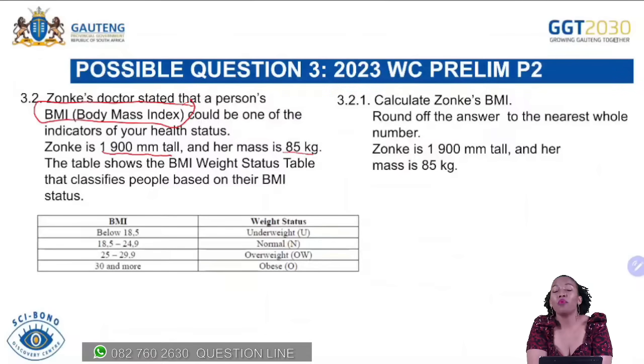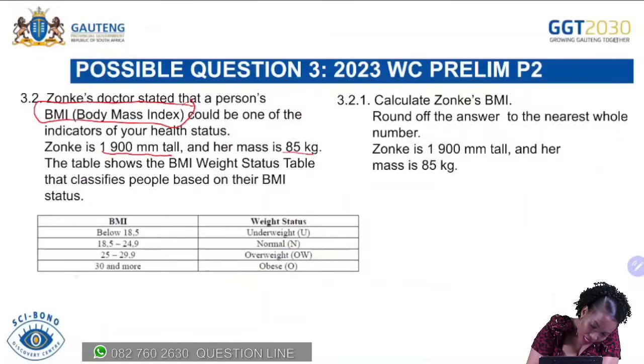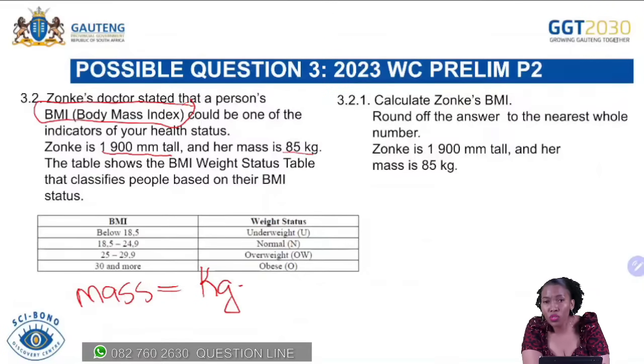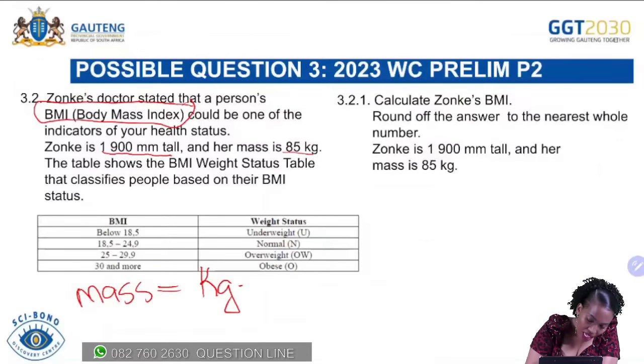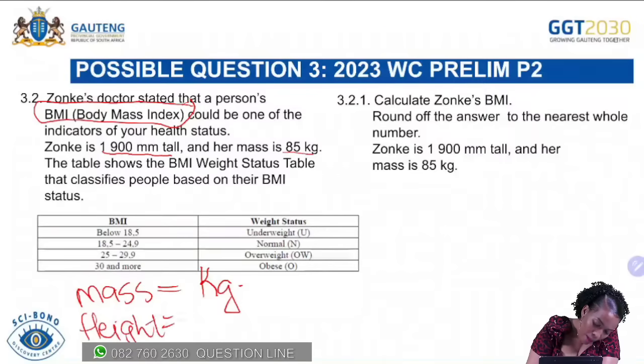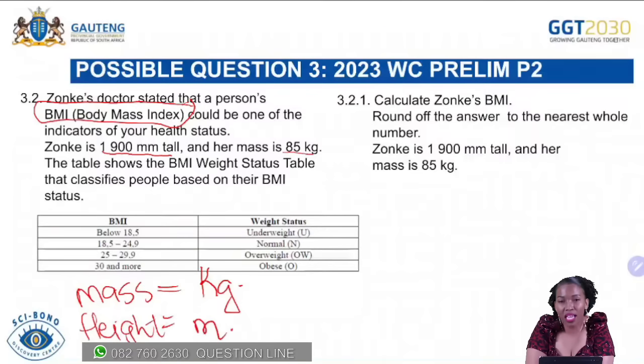If they ask you what is the body mass index, it is the system that determines the health status of a person. And with the BMI, the mass of a person must always be in kilograms. They can confuse you and give you the mass in grams. You must know immediately that if it's given in grams, then I must convert it to kilograms. And then the height of a person must always be in meters.